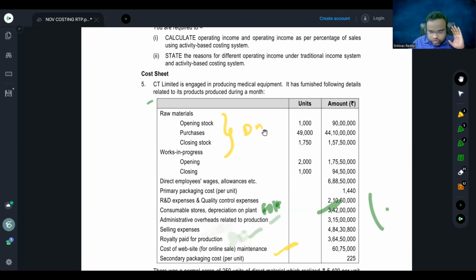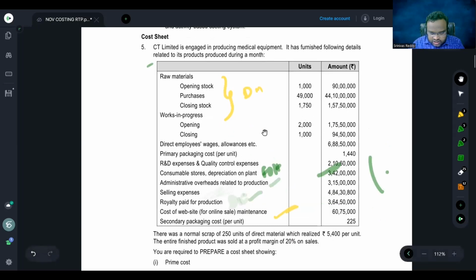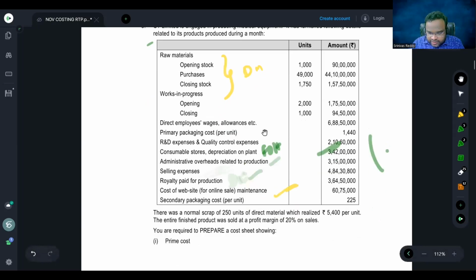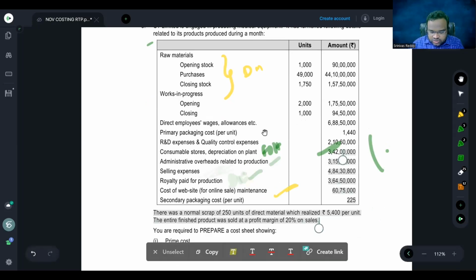So that would be the materials consumed. So 90 lakhs plus 44 crores 10 lakhs minus 1 crore 57 lakh 50,000. From that, you will be reducing the normal scrap value. How many units? 250 units into each unit, how much amount? 5,400. So 250 into 5,400.